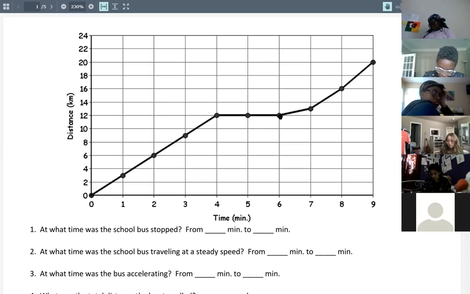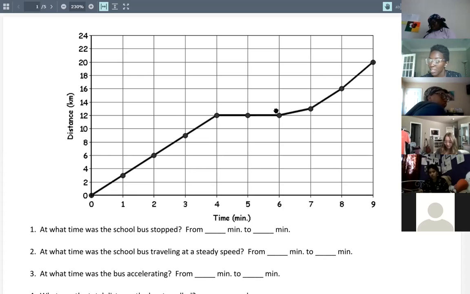All right, so then the next question is, let's see. All right, so if we say the bus was moving at a steady speed, so it is moving, okay, so we know it can't be right in here. And the speed was consistent or steady, so it's not really fluctuating.